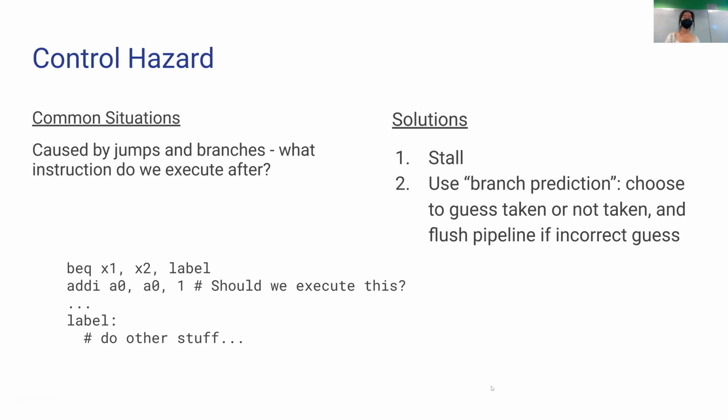Oh, you mean for the project? So you won't have to make that decision. The question will tell you the branch is always taken. In that case, if it's always taken, then you know it's always going to load the label instructions first. If you're wrong, then you'll flush the pipeline and then load the subsequent instructions.